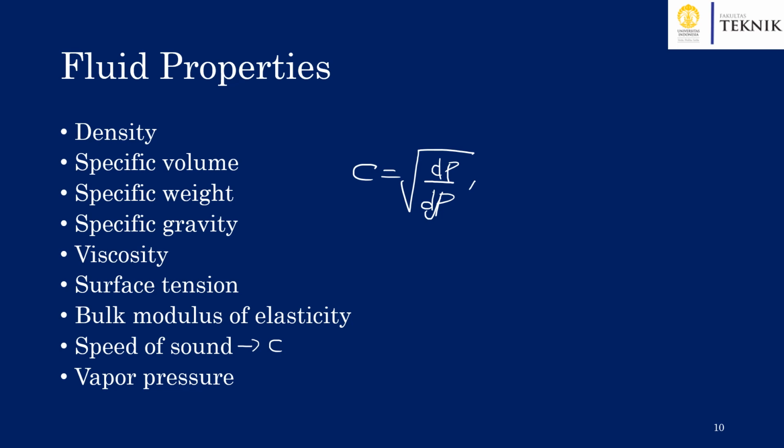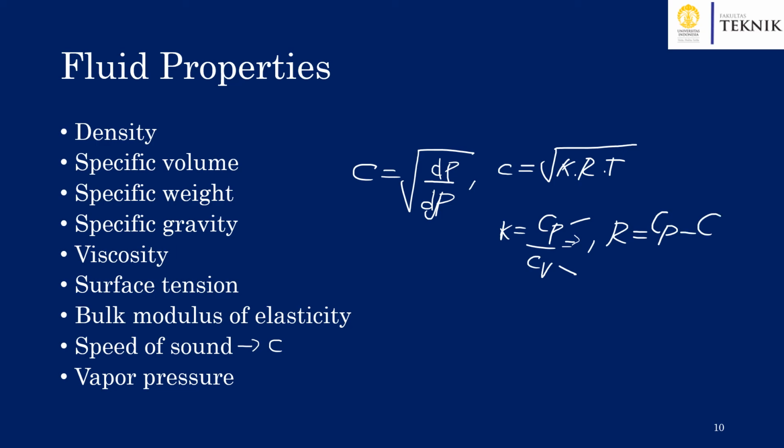Or for an ideal gas, we normally note down the speed of sound as the square root of k R T, where k is the ratio between Cp and Cv, that is the specific heat at constant pressure to the specific heat at constant volume. Or it can also be written as the ideal gas constant R equals Cp minus Cv.